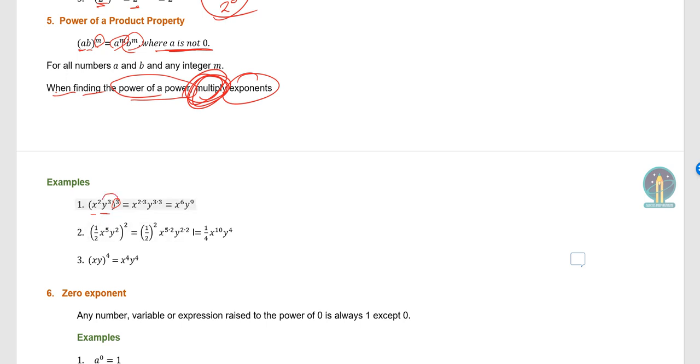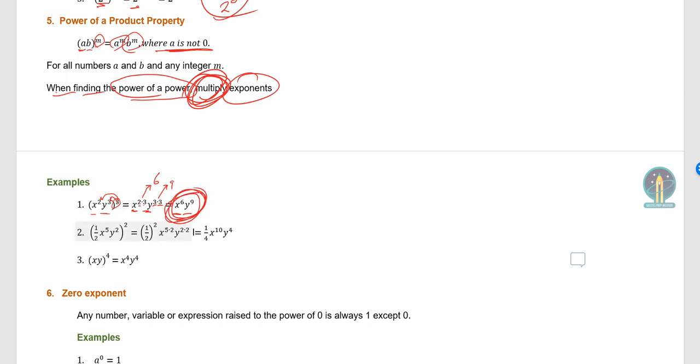So this 3 gets multiplied by this 2, and this 3 gets multiplied by this 3. So we have x to the 2 times 3, and then we have y to the 3 times 3, which in this case is 6, and in this case is 9. So we have x to the 6th times y to the 9th.